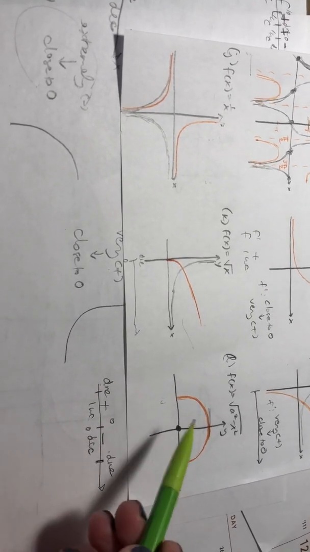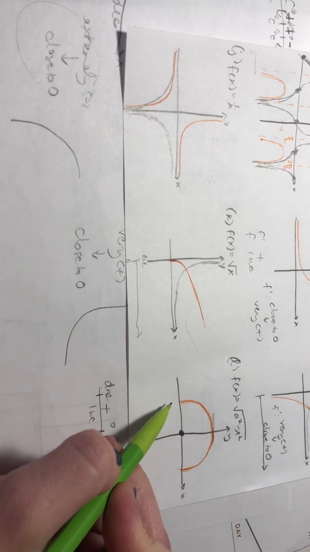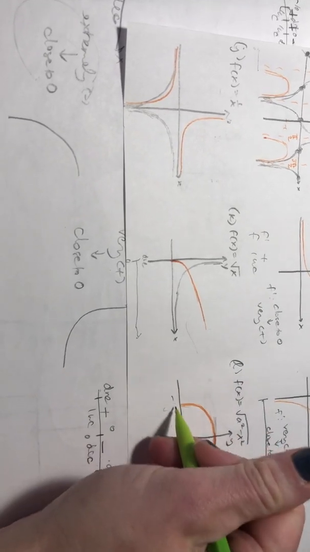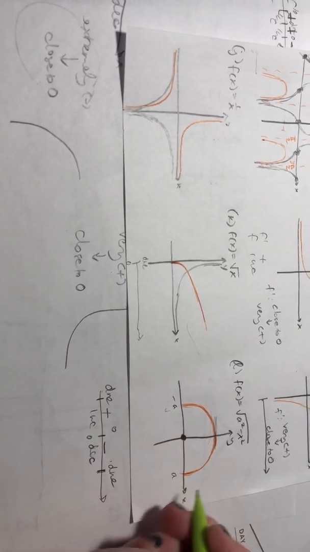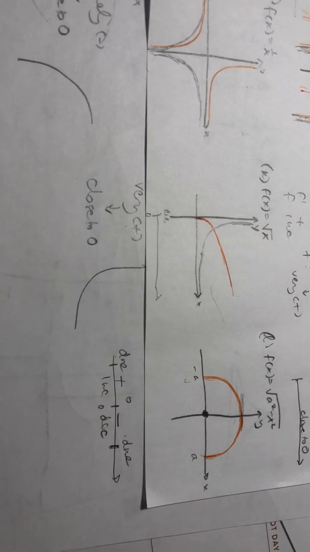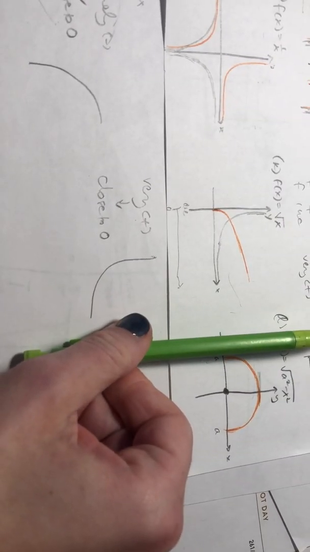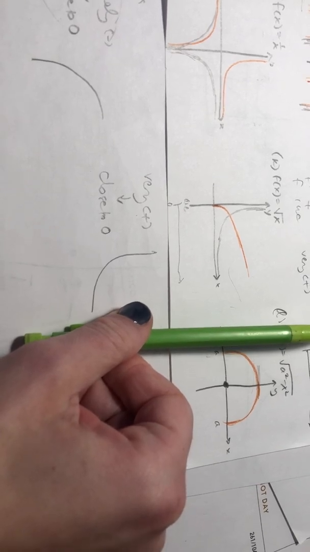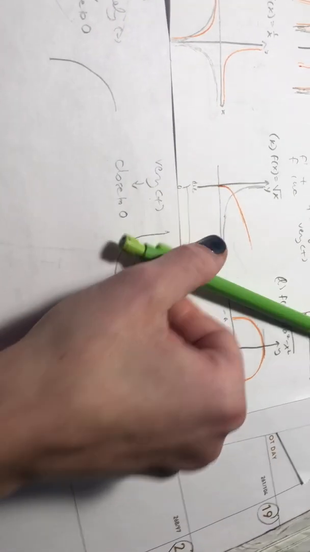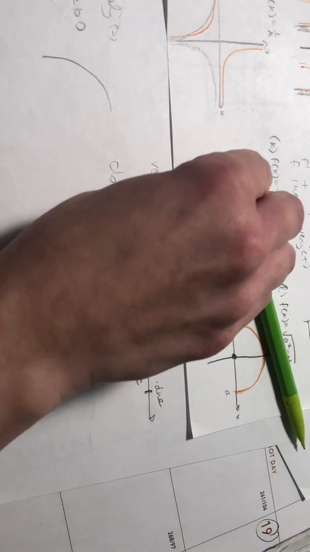A couple more details here. The graph does not exist beyond negative a on this side or positive a on this side. So if your graph extends beyond the circle, something is wrong. You cannot graph a derivative if you don't have function there. And then let's just talk about this. My slopes are starting out ridiculously positive and then getting less positive, less positive, until they hit 0.